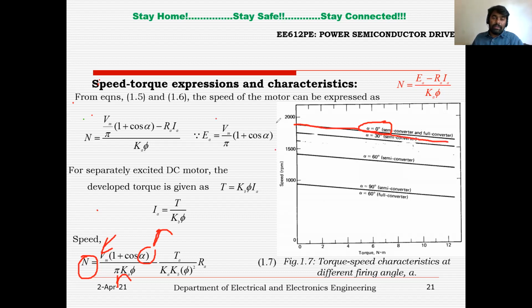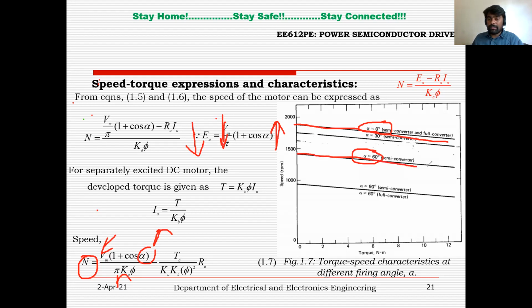Now as I told you, if I increase the firing angle alpha, there is a reduction in the terminal voltage. If the terminal voltage is reduced, then the back EMF will be less. If back EMF is less, you know what happens? The speed will be low, right? So if I increase the firing angle alpha again, the terminal voltage will fall down, then the speed will fall down.